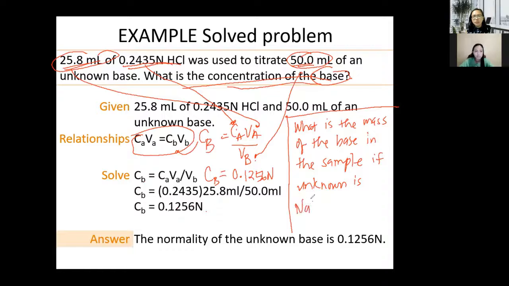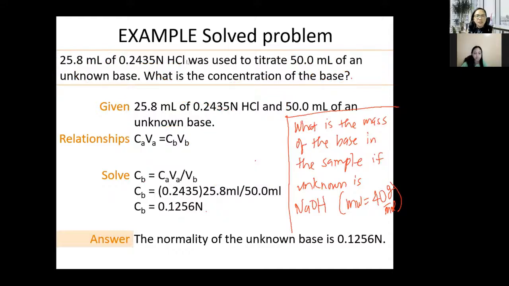So, paano kung ang base natin is sodium hydroxide? Molecular weight of your sodium hydroxide is 40 grams per mole. You solve in your sheets for 15 minutes. So, sige daw, tingnan natin kung saan sa inyo ang may tamang answer.